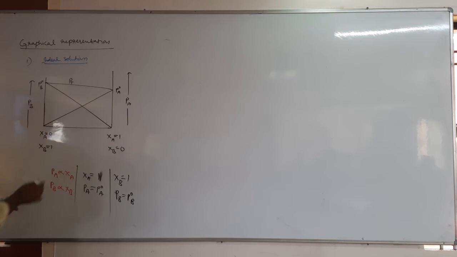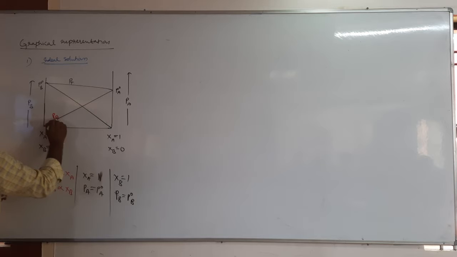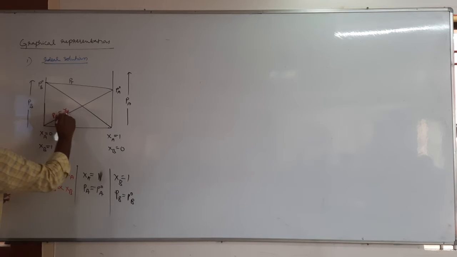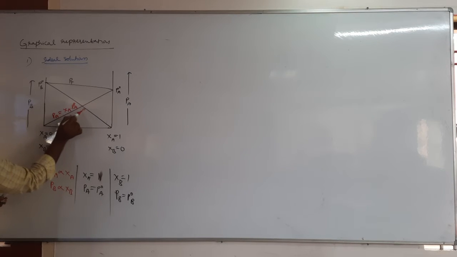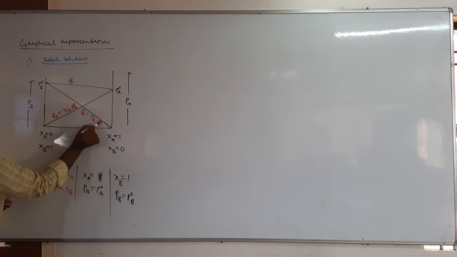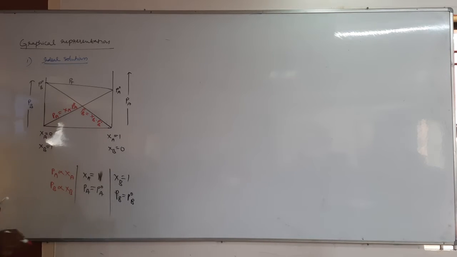P total. Okay, so this line represents PA equal to XA into P naught A. This line indicates PB equal to XB into P naught B. Okay, it is for ideal solution.